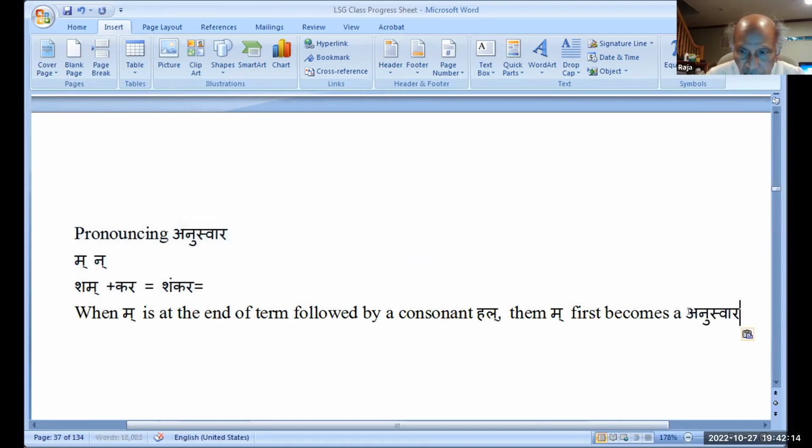When a Makara is followed by a consonant, it becomes an Anuswara. First step.